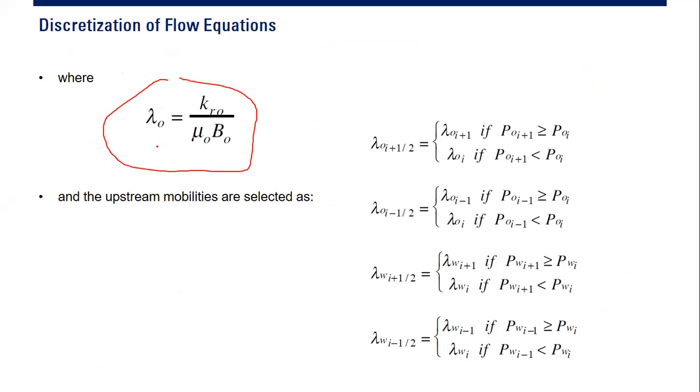All right, we have the lambda here. Lambda of oil is relative permeability of oil divided by oil viscosity and oil formation volume factor. And the upstream mobilities are selected as follows. Again, we use upstream mobilities.